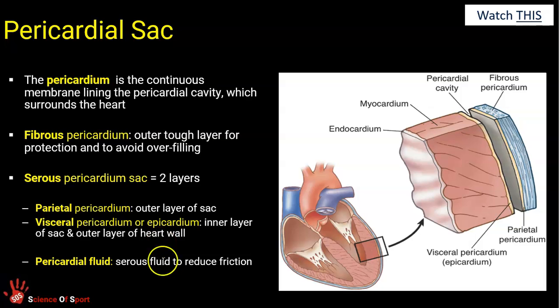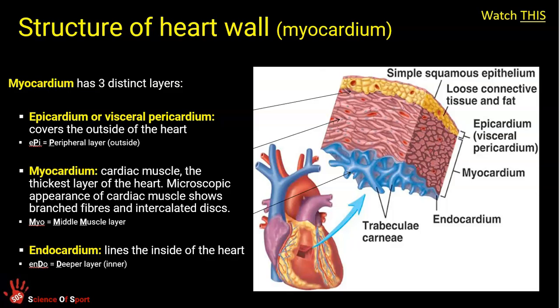So pause the video, take in the text information here. This is the wall of the heart with its double-layered sac included, and here's a close-up version of it. This slide focuses in even further detail on the heart wall itself. So the heart wall has three layers: an outer layer, the middle myocardium layer, and an inner layer.